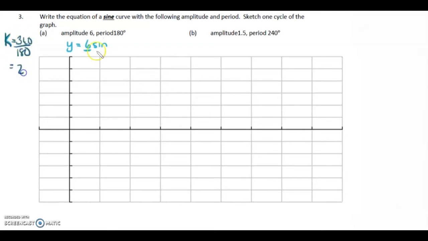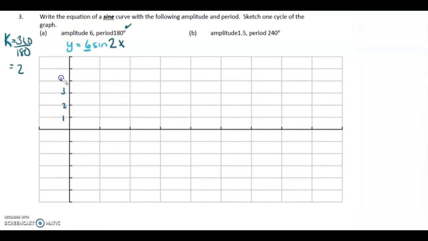So in the equation, we're going to have a 2, right? And if you think about that logically, 180 is half, right? It was a horizontal compression by a factor of 2, or like 1/2 we'd multiply it by, so we'd put a 2 in there.